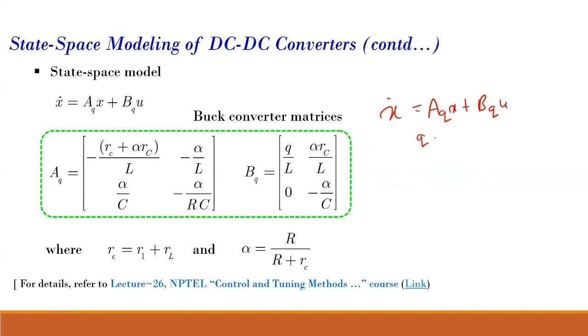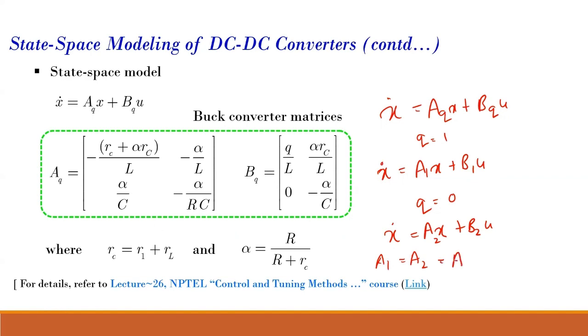So if my Q is equal to 1, I will have x dot equal to A1 into x plus B1 into U. If my Q equal to 0, my differential equation will be x dot equal to A2 x plus B2 into U. If I put Q equal to 1 or 0, my A matrix remains the same. My A1 and A2 are equal to A, because in this AQ matrix, there is no term Q present.